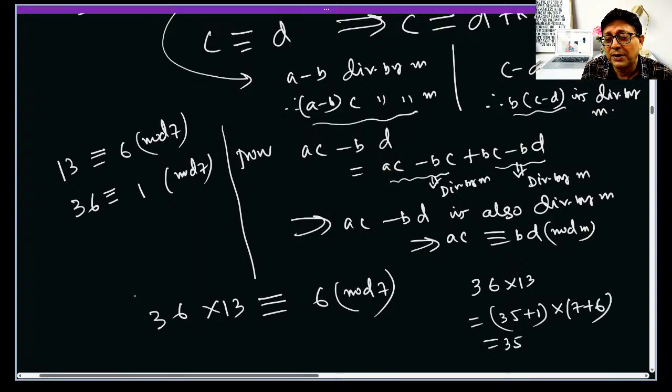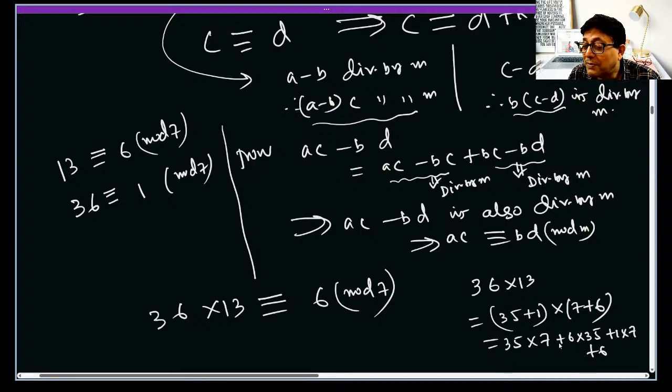What do you observe? It is 35 into 7 plus 6 into 35 plus 1 into 7 plus 6. I am not multiplying, I am getting it in an easier manner. So you see that 35 into 7 is divisible by 7, 6 into 35 is divisible by 7, 1 into 7 is divisible by 7, and 6 is the remainder. That's why 36 into 13 is congruent with 6 mod 7.